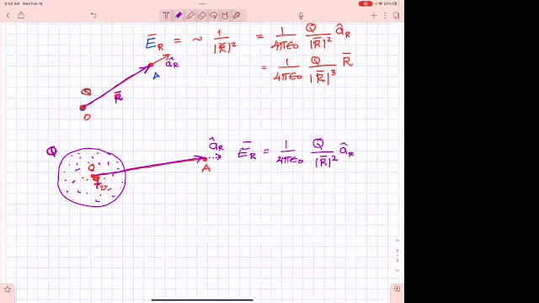Remember that? It does not matter whether the sphere is small or big, nothing matters in this case, all right? It does not matter if the sphere is like this or the sphere is bigger.